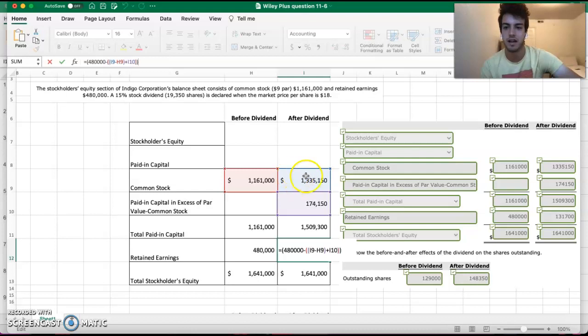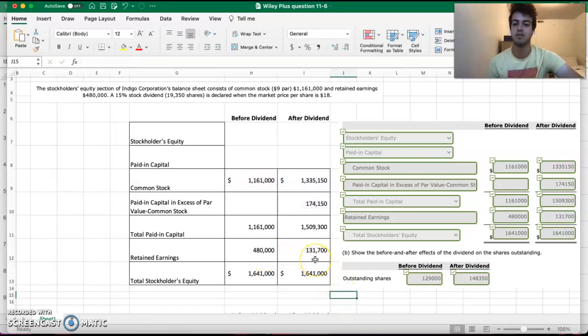After that, you'll add the paid in capital in excess of par value to that. Then you'll take that number in parentheses and subtract it from the before dividend retained earnings, and that will get you 131,700.